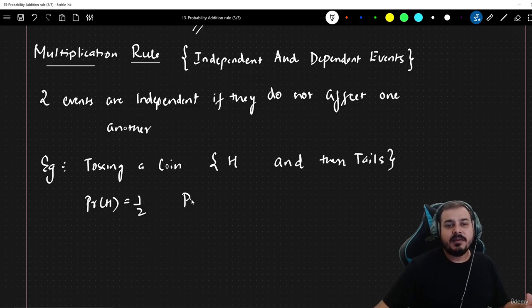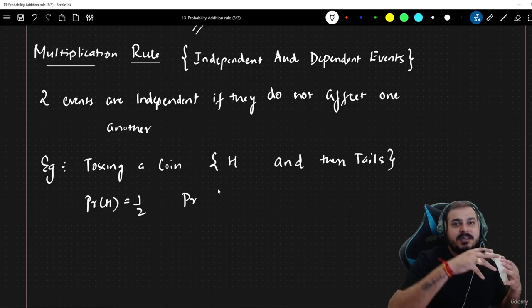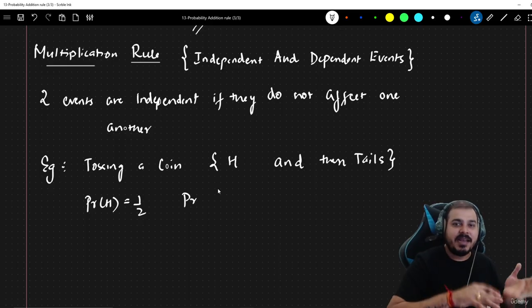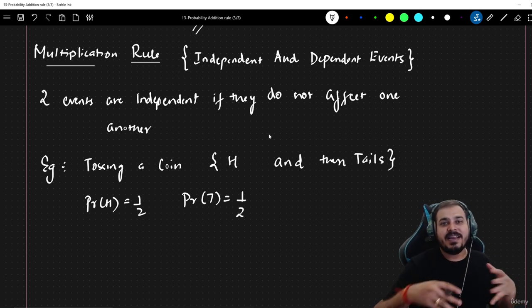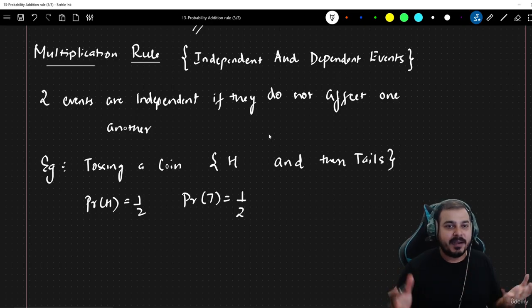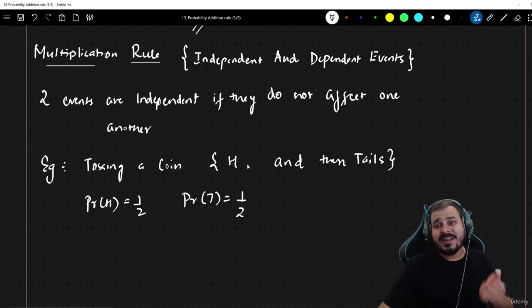After that, even after tossing the coin as head, if I toss tail, it is not going to impact the probability of tails. That time also my probability of tail will be 1 by 2 only. So these events are actually independent. Once, suppose, in the first toss I get a head and then I try to get a tail, the probability is not going to change.